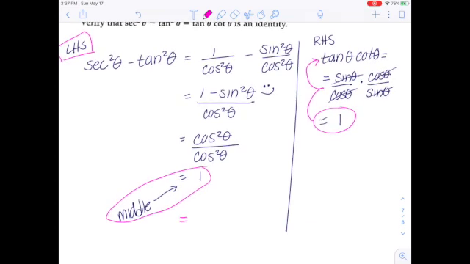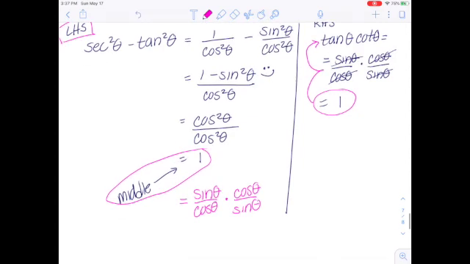Okay, so on your left-hand side, you've got 1, which is in the middle. Okay, so after 1 comes the next step of sine theta over cosine of theta multiplied by cosine of theta over sine of theta. What did I do to that 1? I just multiplied the 1 by more 1s, right?